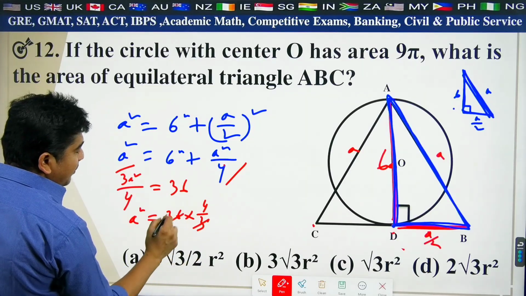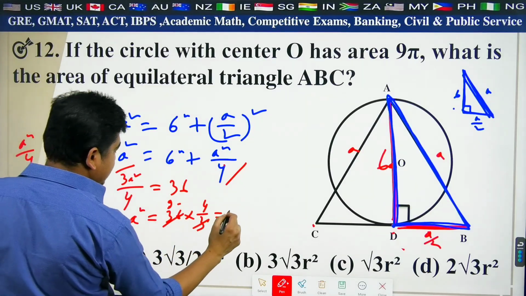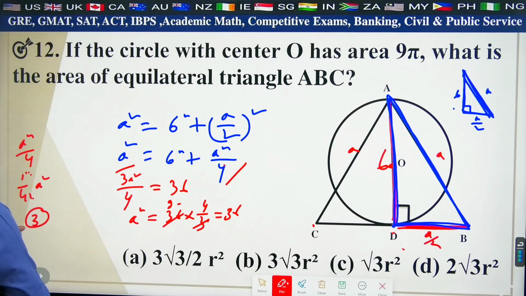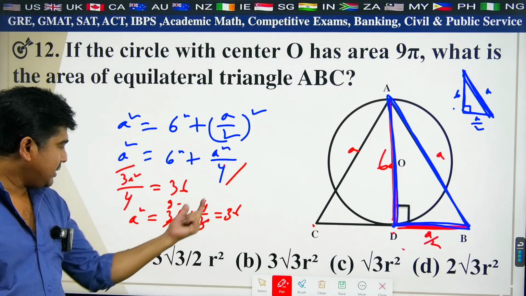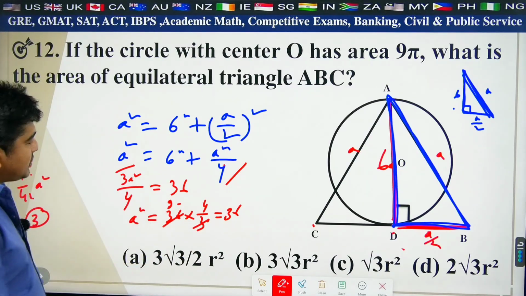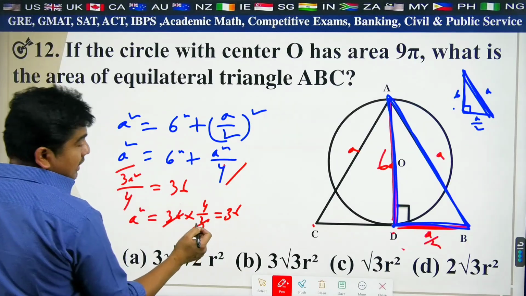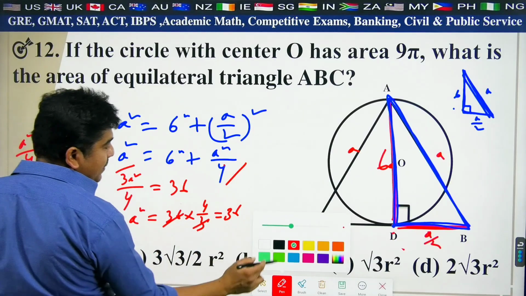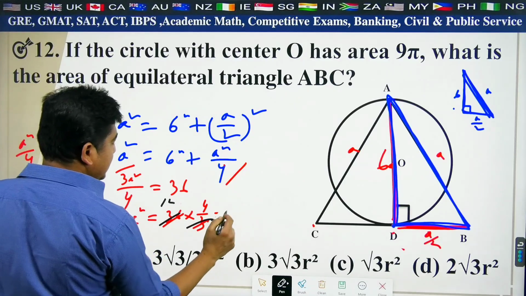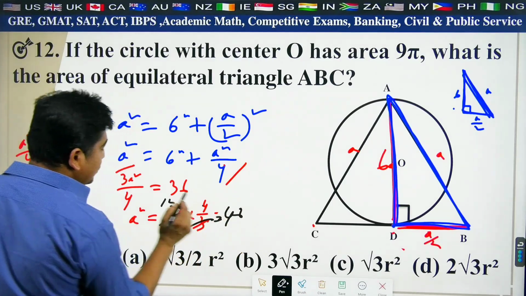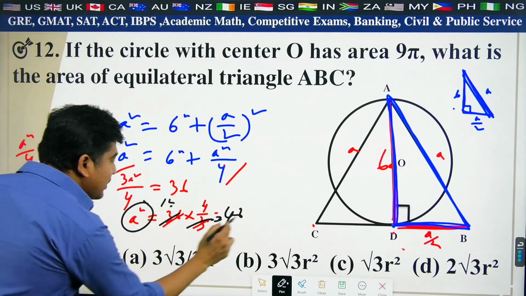Now dividing 36 by 3 gives 12, and 12 times 4 is 48. So a square equals 48.